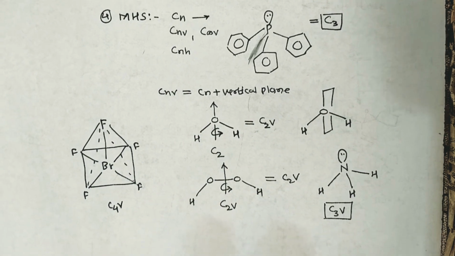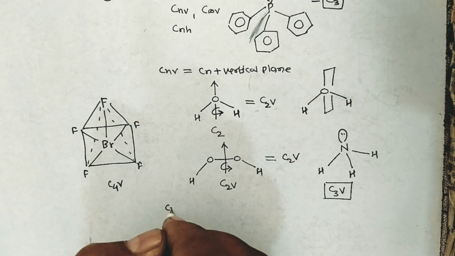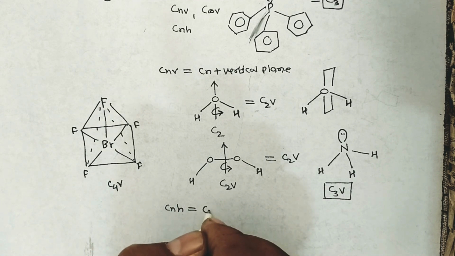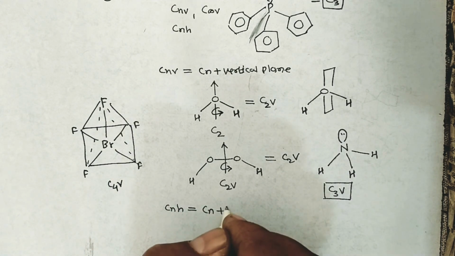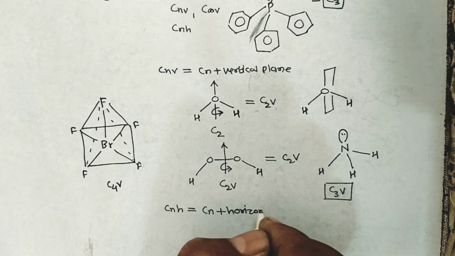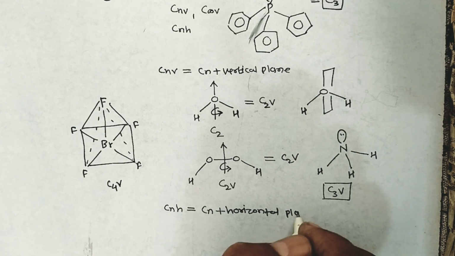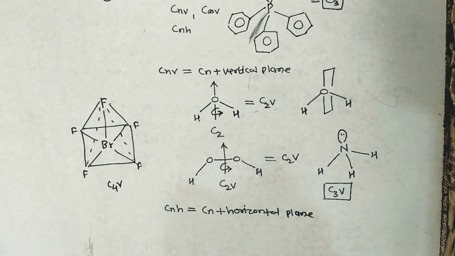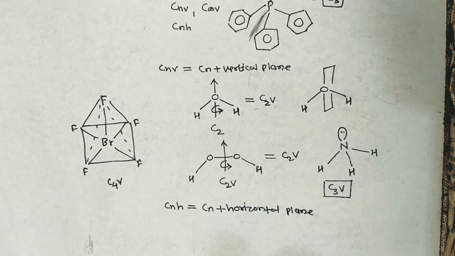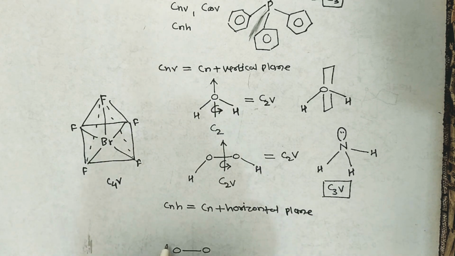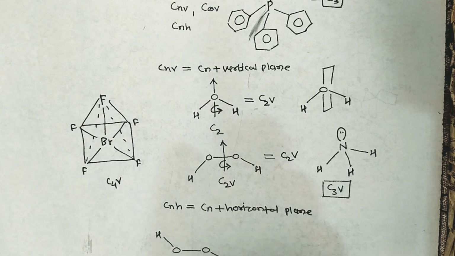Now, in case of Cnh, it contains Cn, that is an axis, plus a horizontal plane. An example of this point group is trans hydrogen peroxide, H2O2.